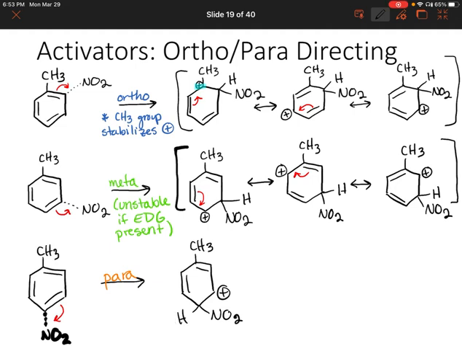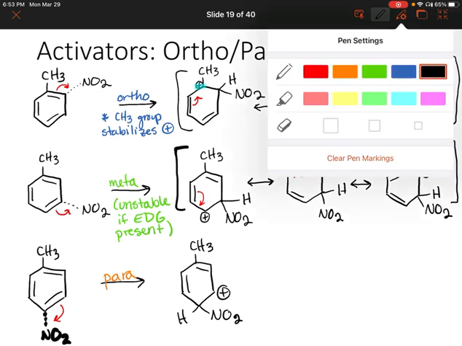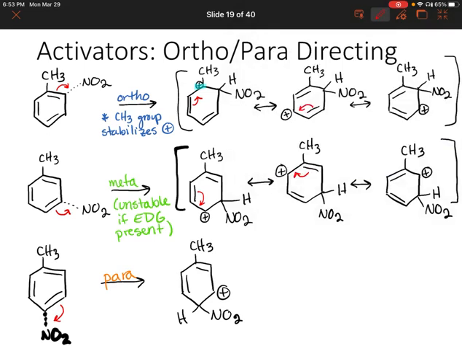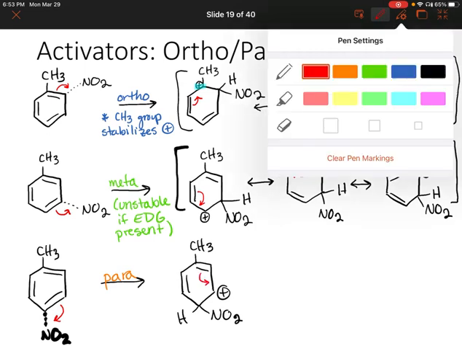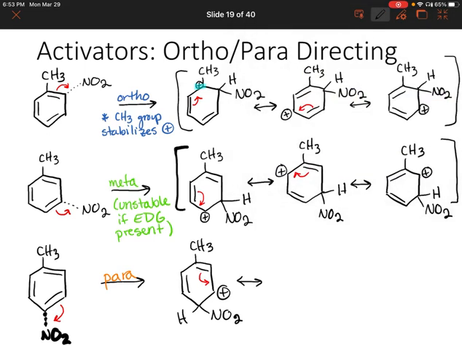Okay, so the way we've drawn this here, the positive charge is nowhere near that methyl group again. But let's draw our resonance structures just to see if we can get it any closer. So we'll move our pi electrons over.